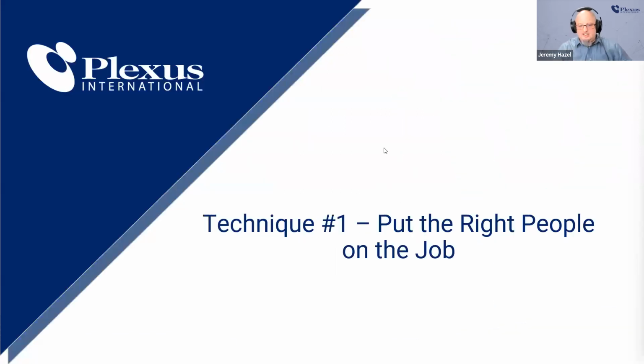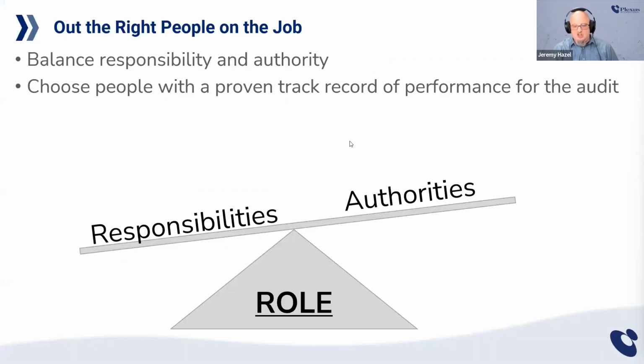All right. First technique, put the right people on the right job. The technique that I always use. The responsibility must be measured and balanced with the authority to carry out the task based on the role you give them. So this is why I always say choose people with a proven track record of performance.